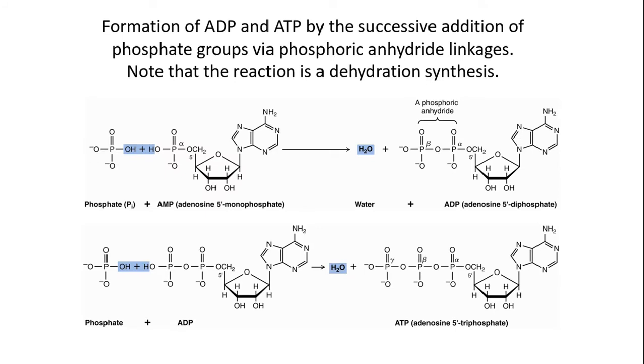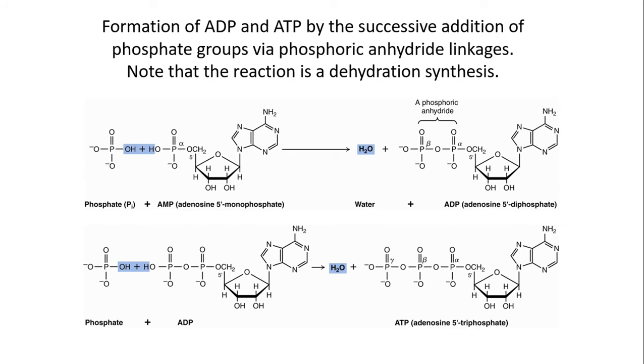So this is depicting the reactions that occur when those phosphate groups are added to these nucleosides or nucleotides, excuse me. We have an inorganic phosphate group plus AMP here. This is a condensation reaction or elimination reaction.